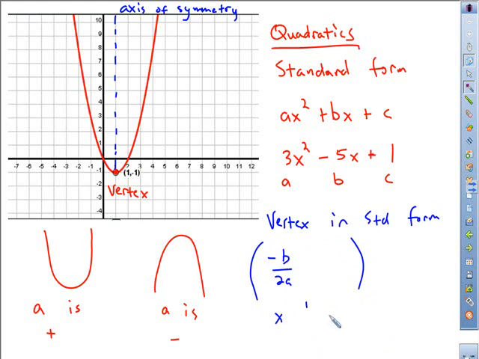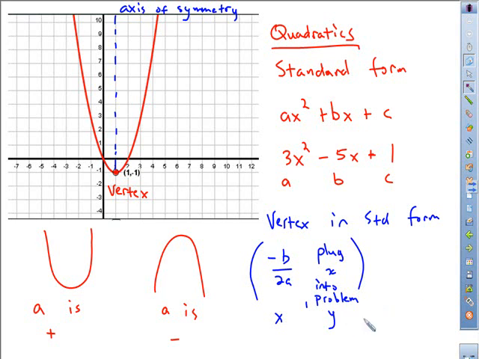To find the y value of the vertex, once you find x, you plug x into the problem and work it out, and whatever your solution is after you've simplified, that'll be the y value.